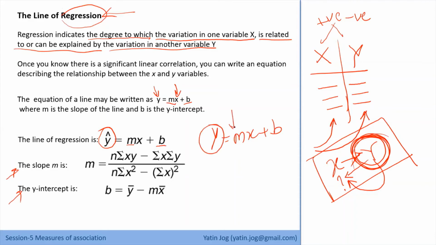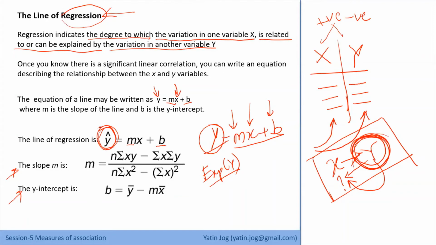When I put the value of m, the value of b, and some value for x, and calculate, what I get is the expected value of y, not the actual value of y. If I just write y, that indicates the actual value of y. So to differentiate between actual y and expected y, we put a cap sign. So y cap indicates the expected value of y.